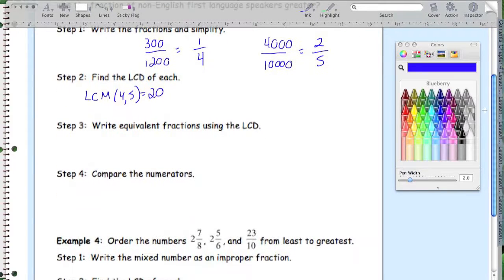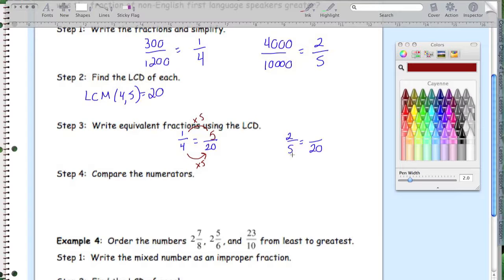Step 3 is write equivalent fractions using this LCD. So in lesson 4.3, we talked about equivalent fractions. I have 1/4. I want to get a denominator of 20. And over here, I have 2/5, but I have to get a denominator of 20. So let's go about doing that. 4 is being multiplied by 5, so I'm going to multiply 1 by 5, and that is my fraction 5/20.